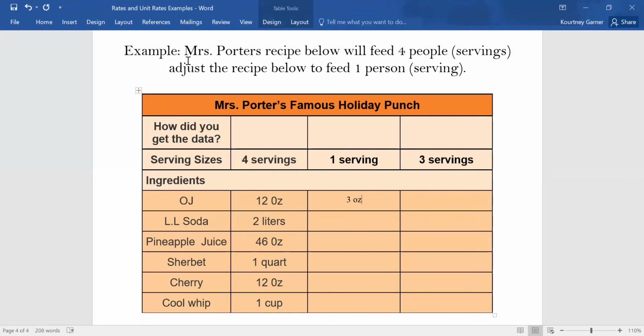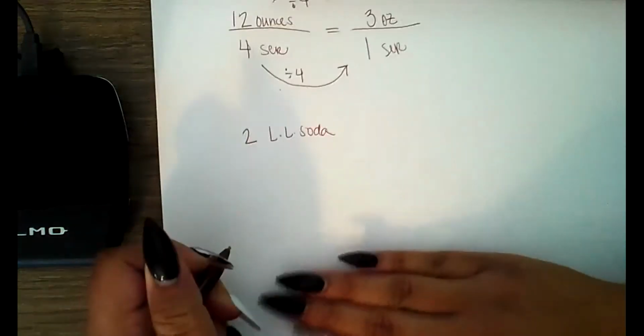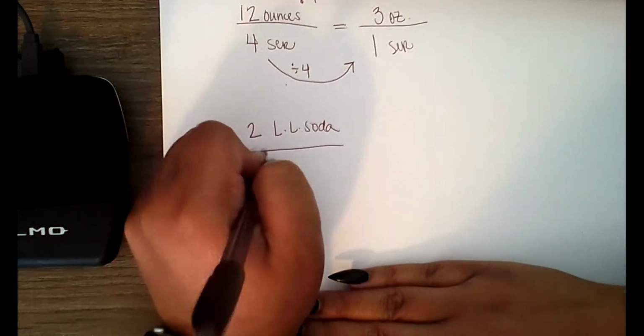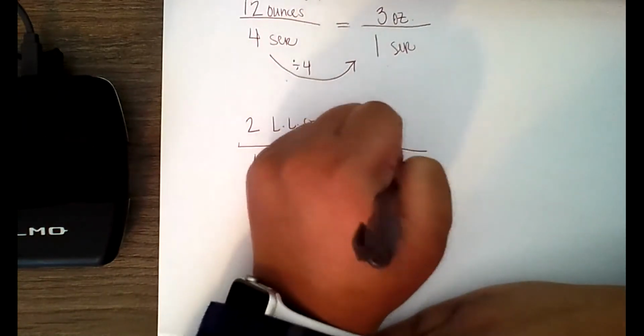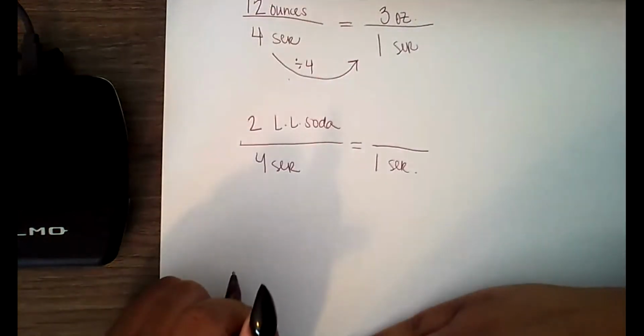Now we're going to take a look at the lemon lime soda. So in the given information, I know that I have 2 liters of lemon lime soda over 4 servings. And I want to know, what am I doing for 1 serving?